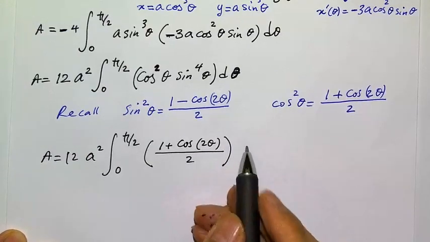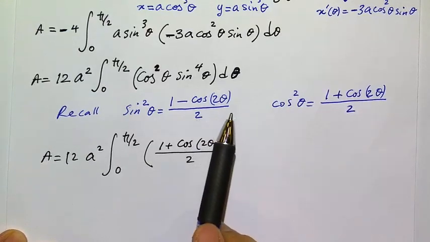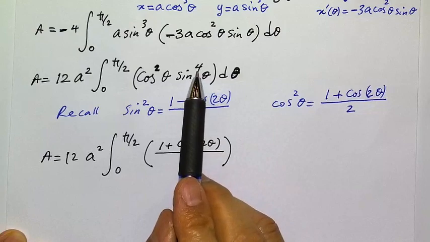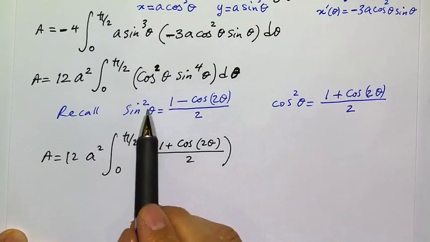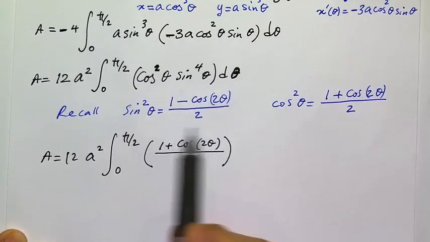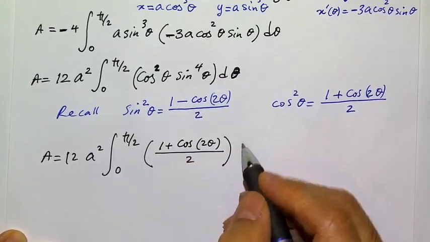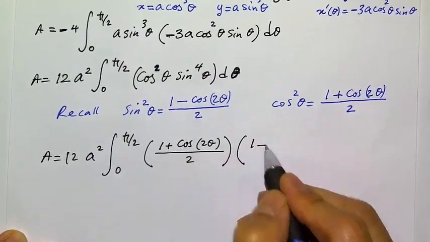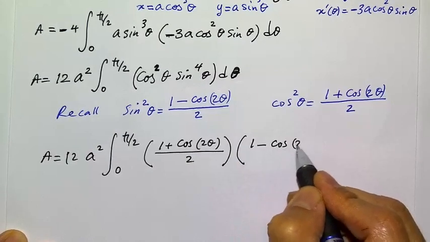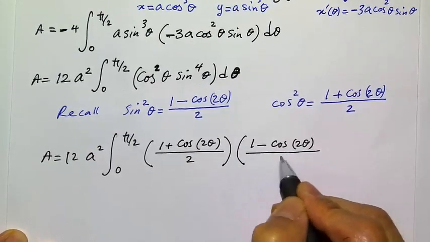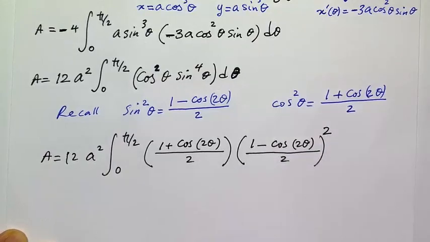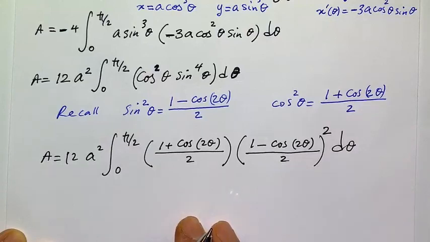But for sine to the 4th power theta, I'm going to have to square this, because this is just for sine squared. So times 1 minus cosine of 2 theta divided by 2, squared, and then of course d theta here.